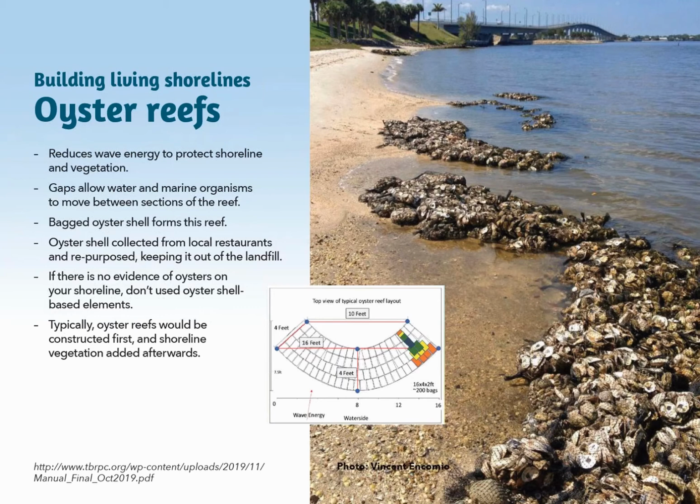This oyster shell is collected from restaurants, and then it's taken and seasoned so that any bacteria or any organisms that are on it will be eliminated. And once it's nice and clean, then volunteers get together and they bag this stuff up. So the oyster shell is kept out of the landfill, and it becomes a really important part of building these reefs to get more oysters to grow.